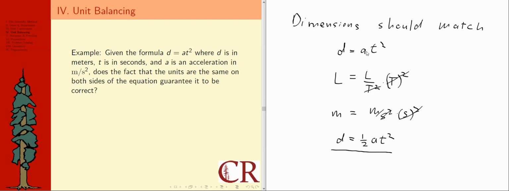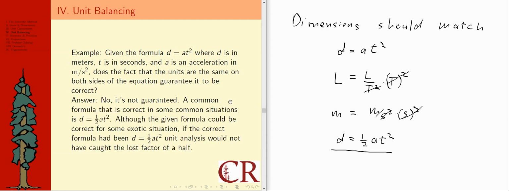And I don't know if we'll ever actually see this one be correct unless it's something really exotic, but it definitely illustrates one of the pitfalls of using unit balancing to say, okay, this must be right because the units all work. There could still be some numbers that don't carry units that you missed that could still have an error in them.